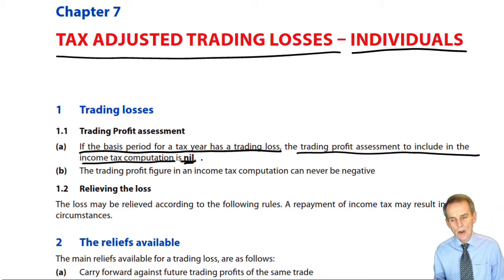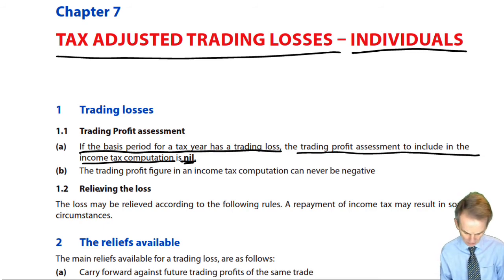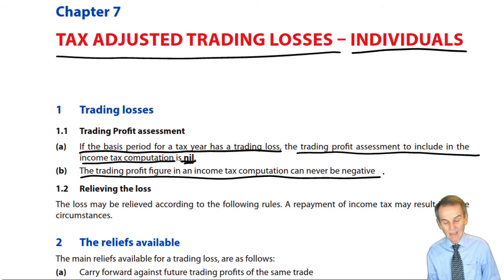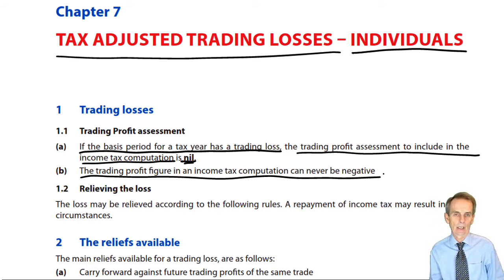So we never include a bracketed, a negative figure, a loss figure on the face of the income tax computation. The trading profit figure in an income tax computation can never be a negative. If there's a loss, then it is a nil assessment.